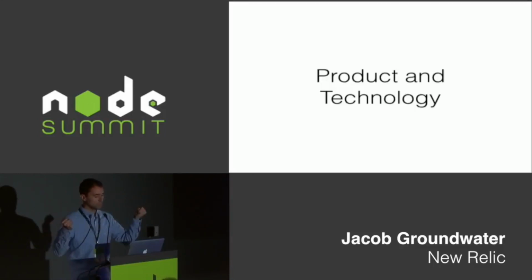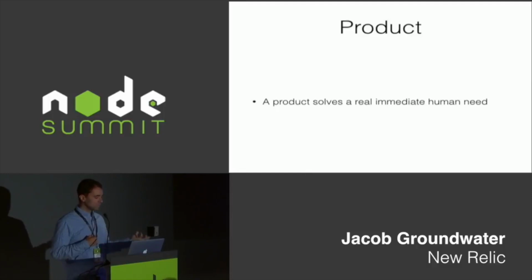And I've coined these two terms, product and technology, and they have a specific meaning when I'm using them. So a product solves a real immediate human need. I really like the phrasing of this because it's easy to build something that is not a product. The flip side would be a technology. I'll talk about that in a second, but it has to be real and immediate.